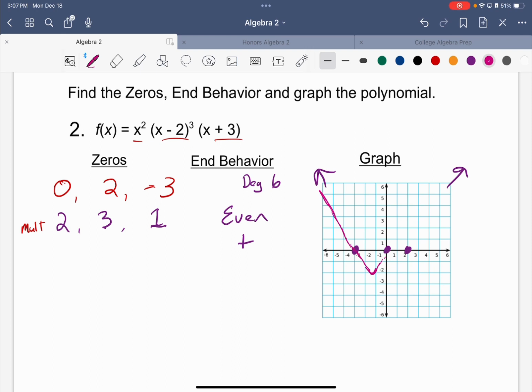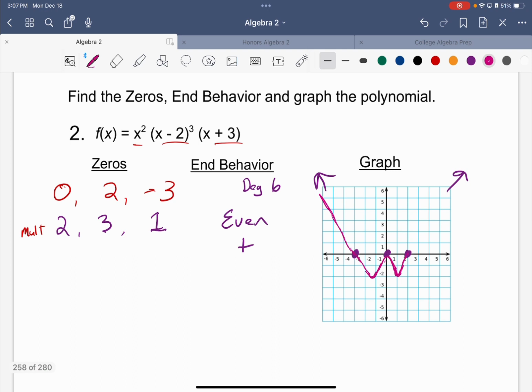So does it go through it or bounce off of it? So it's going to go up to it and bounce off it and come back down. Now it's got to turn again because it's got to get back to 2. 2 has a multiplicity of 3, which is odd. So it goes through it. So that's what your graph looks like. And again, these are not right, but we don't care.